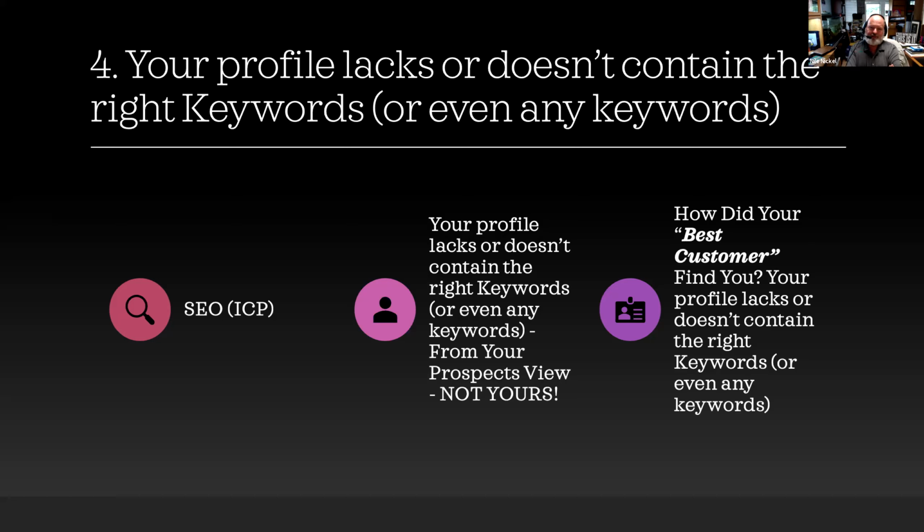If you look at keywords, you do this for search engine optimization. If you want to be found not only on LinkedIn, but anywhere on the internet, LinkedIn happens to be the 4th highest ranked site on the internet. So virtually every search engine searches the content on LinkedIn very quickly.